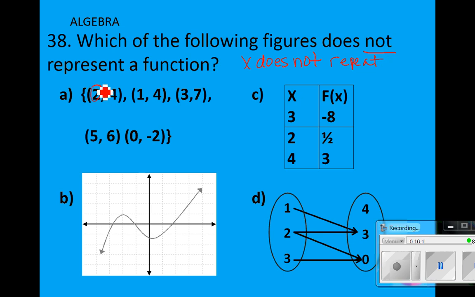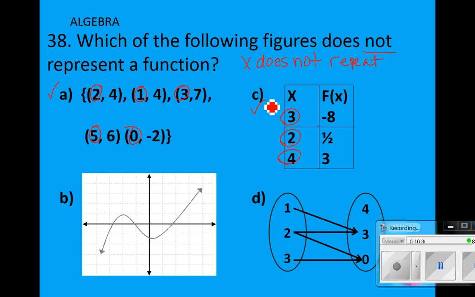For A, I'm going to circle all of the x values. And I did not circle the same number twice. That is a function. I'm going to skip B because that's a different kind of representation. I'm going to go to answer choice C. I have 3, 2, and 4. X does not repeat. That is a function.